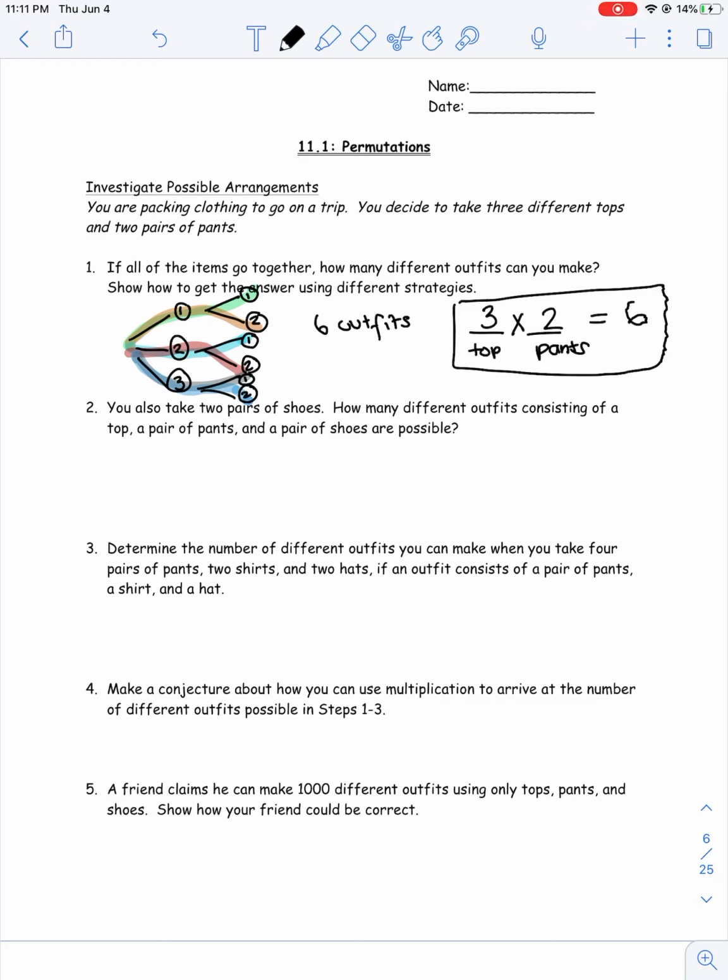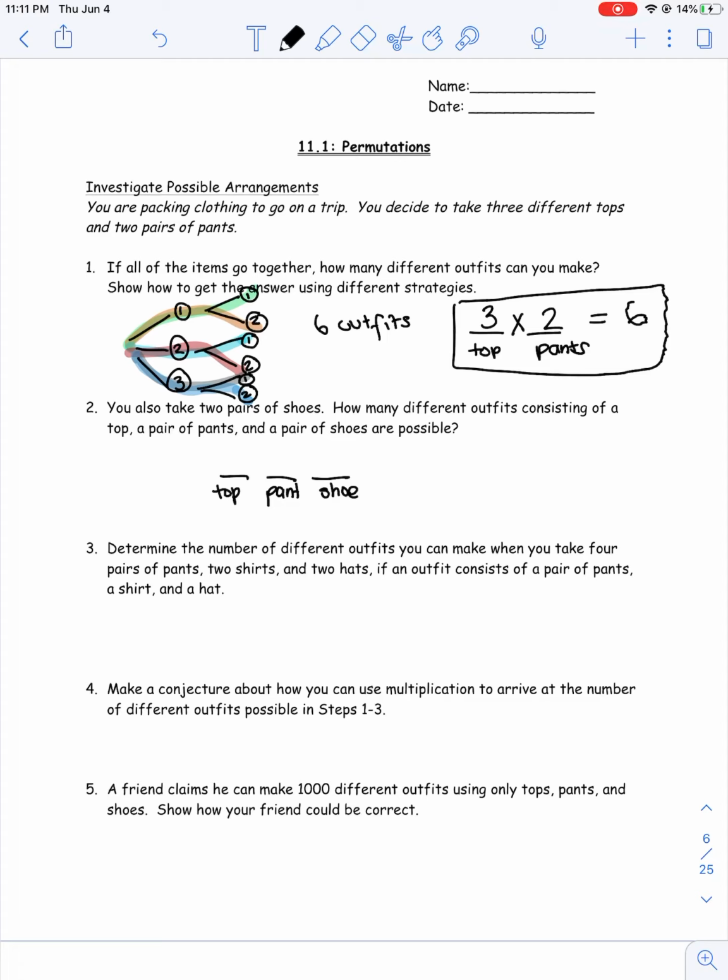So let's say you also take 2 pairs of shoes. How many different outfits consisting of a top, a pair of pants, and a pair of shoes are possible? So just like in the previous case, instead of 2 spots now we have 3 spots. 1 spot for the top, the second spot represents the pair of pants, and the third spot represents the shoe choices that we have.